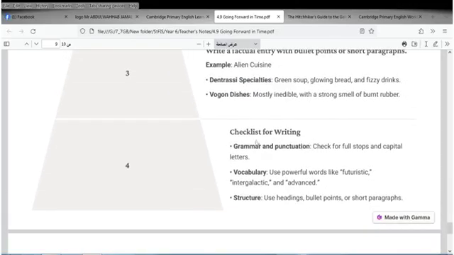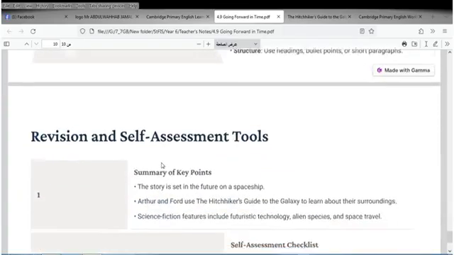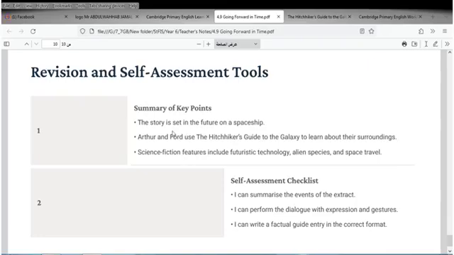After you wrote it, you have a checklist of writing: grammar and punctuation, vocabulary, structure. Remember to use headings, bullet points, and short paragraphs in your structure. Use powerful words related to the future and advanced technology. In your grammar and punctuation, use all end marks and capital letters. And remember, please, the story should be set in the future or on a spaceship.